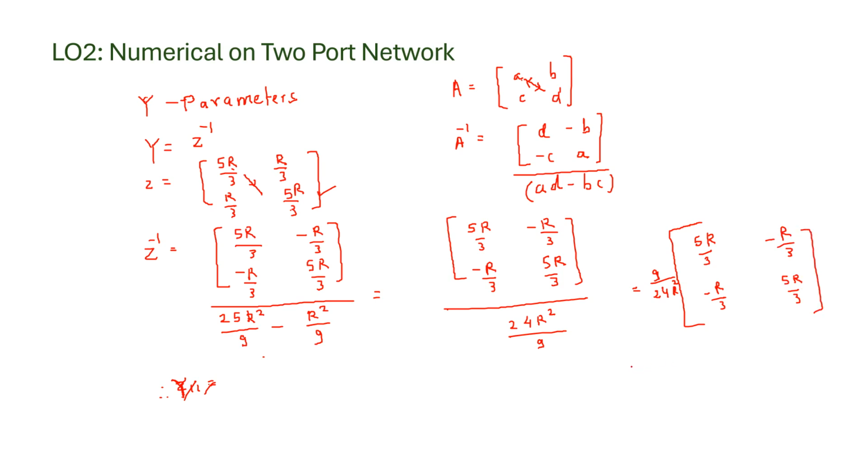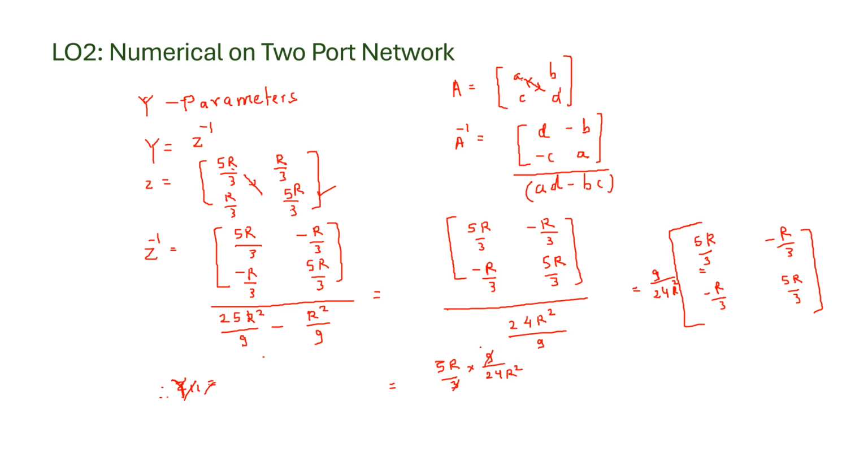Now if you bring this into the bracket, this value will be 5R by 3 into 9 divided by 24R square.